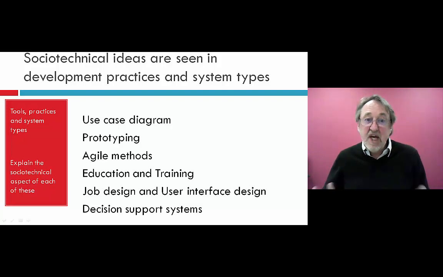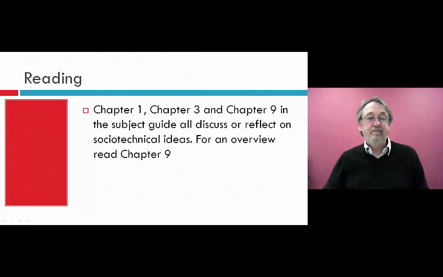Taking that one example, I think you could explain the rationale for prototyping in terms of a set of socio-technical objectives. Your job, go and take the others in my list and try to do the same briefly. Some perhaps are more direct than others, but I challenge you to try and explain the idea in socio-technical terms.